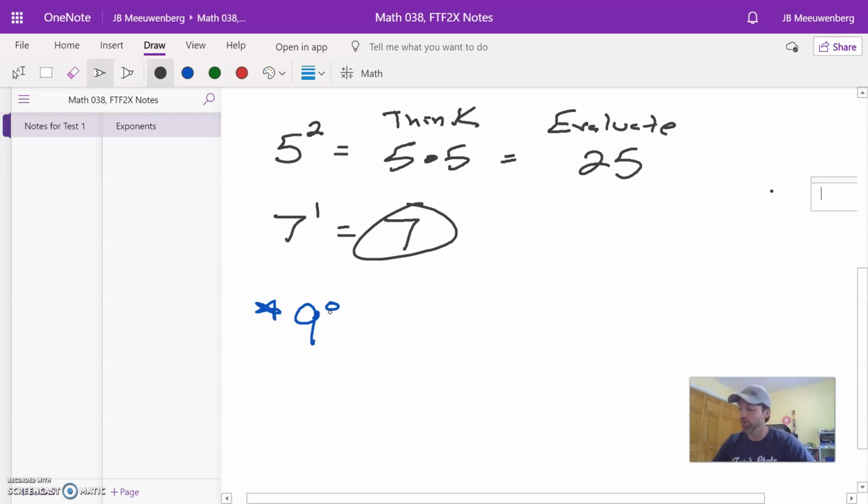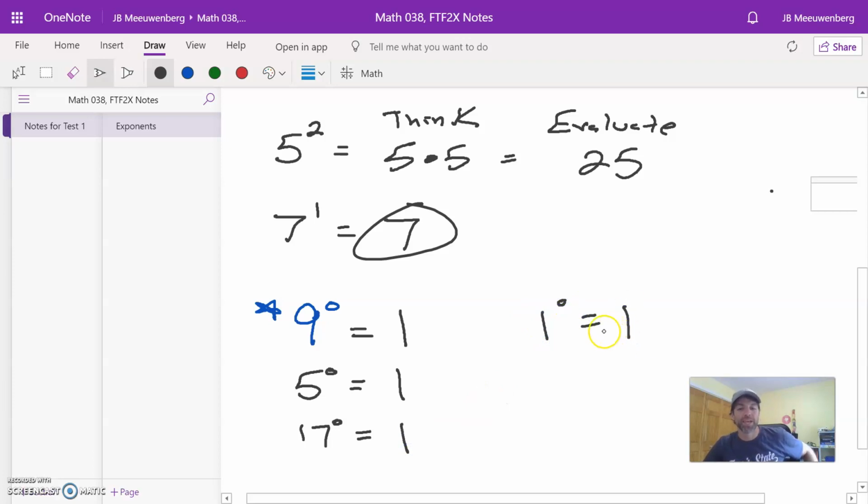So what I'm going to say now is what we would listen to after you have taken a couple guesses. 9 to the 0 power is equal to 1. 5 to the 0 power is equal to 1. 17 to the 0 power is equal to 1. 1 to the 0 power is equal to 1. So anything that has an exponent of 0 is equal to 1.